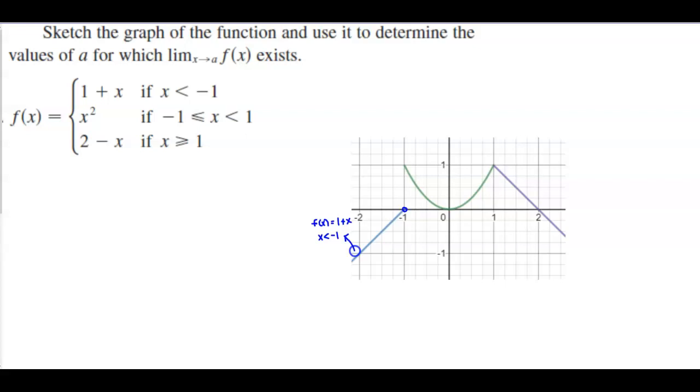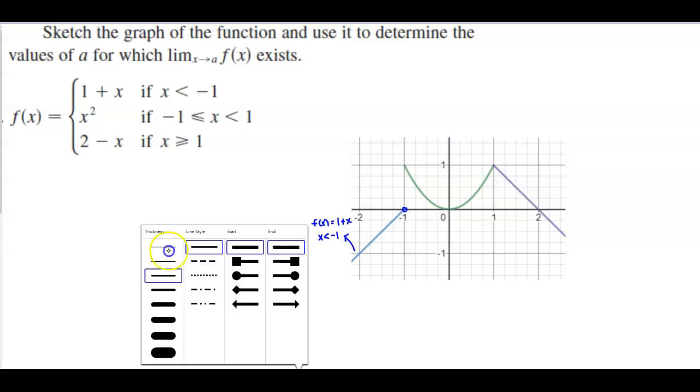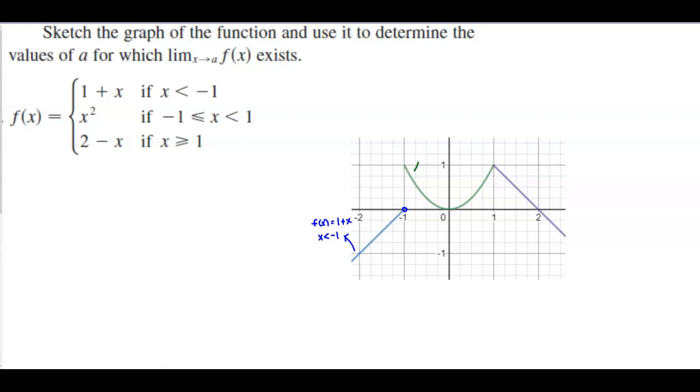Okay, and then this function here represents f of x, which is equal to x squared. And we know that x is in between -1 and 1, but it's including the -1. So we have a closed dot there, but an open dot for +1.